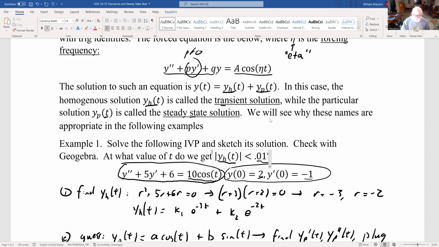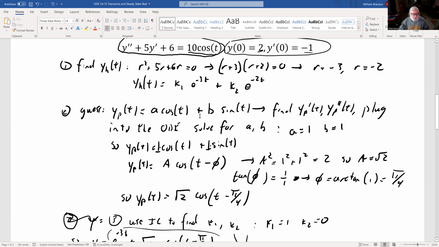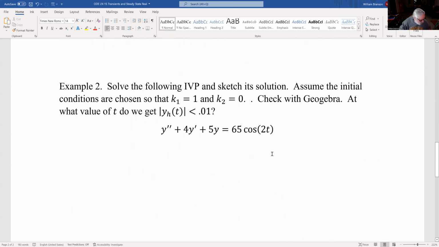So this happens at about t equals 2.3. Once we get past that, the homogeneous solution has just decayed and is gone, and all we see is the particular solution.